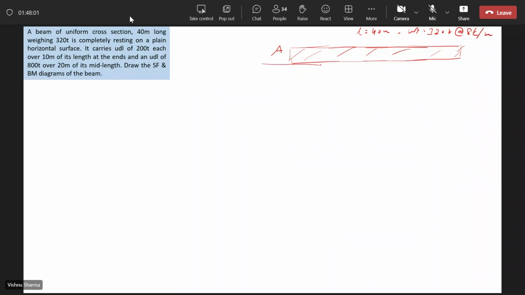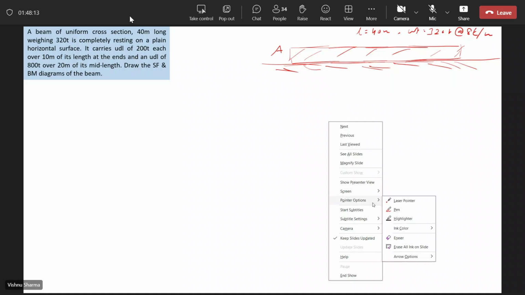It is resting completely on a plane surface like this. Then it carries certain UDLs, 200 tons each over 10 meters of length.